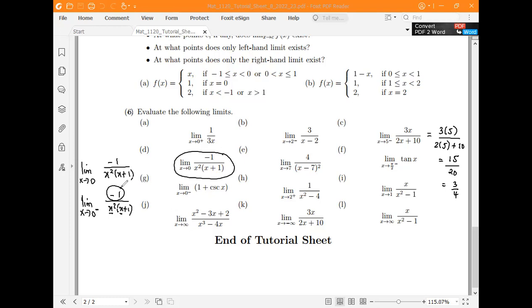Okay. So an example I would give is -1/2. So we have -1 over (-1/2) squared times (-1/2 plus 1). This will be -1 over 1/4 times 1/2. That's -1 over 1/8, which is -8.